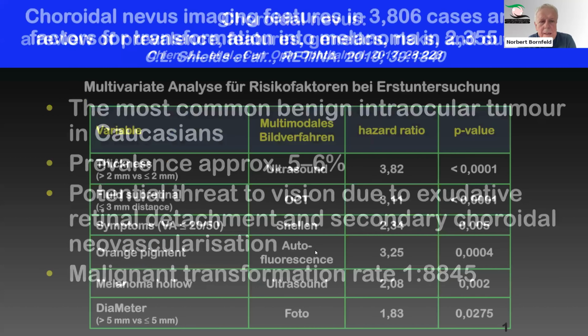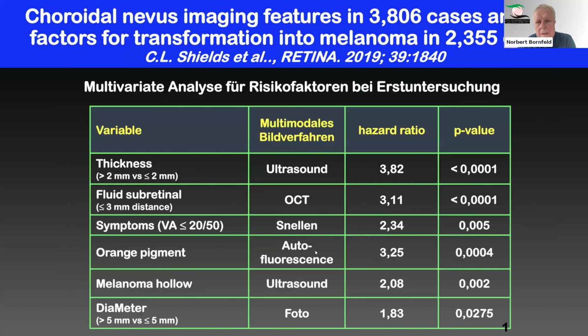So what may help? The Shields group in Philadelphia has been very busy publishing on a risk scale, and they did a multivariate analysis for risk factors. This is the German text, unfortunately, left in the slide, for the risk factors for growth, not for malignancy. They looked at thickness, subretinal fluid, symptoms, orange pigment, specific ultrasound characteristics of the tumor, and the diameter.